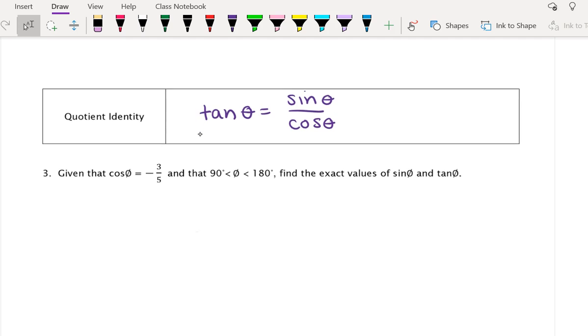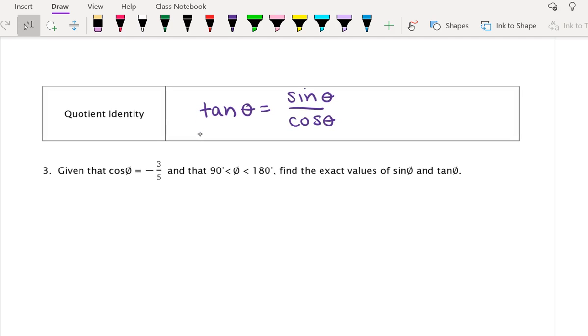Okay, so given that cosine theta equals -3/5 and that theta is between 90 and 180, here's 90, here's 180, so here we are in quadrant 2. All students take calculus. Sine is going to be positive. So I'm looking for sine theta, which is going to be positive, and tangent theta is going to be negative because only sine is positive in quadrant 2.